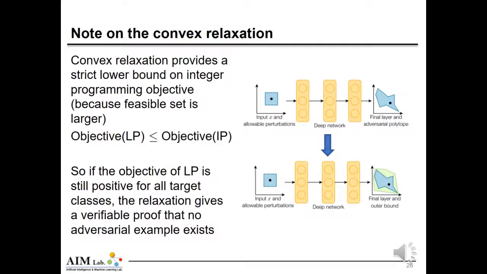If you take the known ball and feed it through the network, the first figure shows some complex shape, and what we are doing effectively is relaxing the shape to an outer bound, which gives us more freedom to choose adversarial examples. The objective of the targeted attack for the linear program is going to be a lower bound on the objective of the original problem.